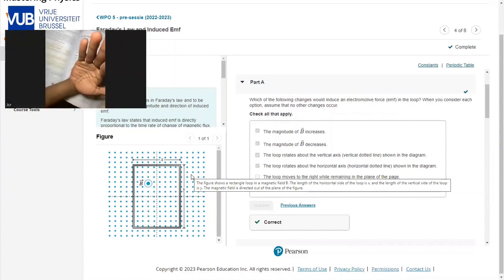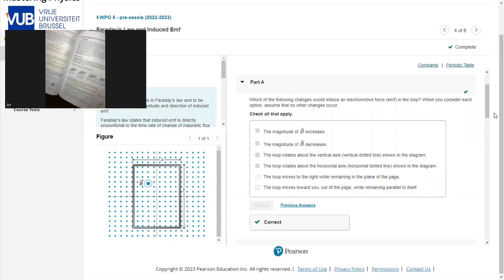If this was my rectangle, and most of the magnetic field is coming like this, my loop can rotate around the vertical axis, or the horizontal axis. This rotation can influence the magnetic field.